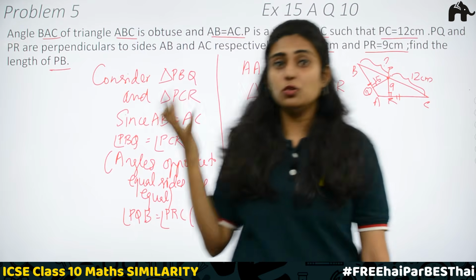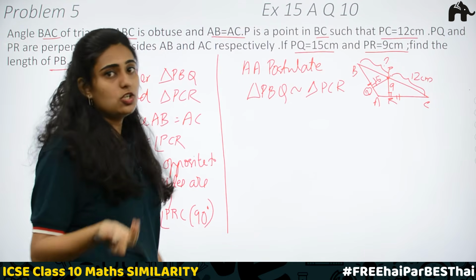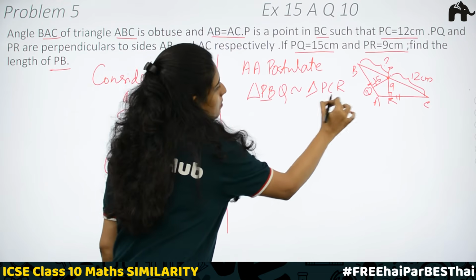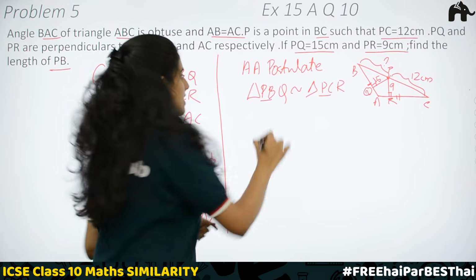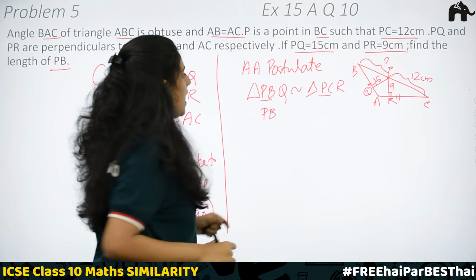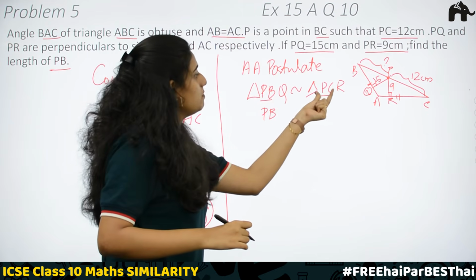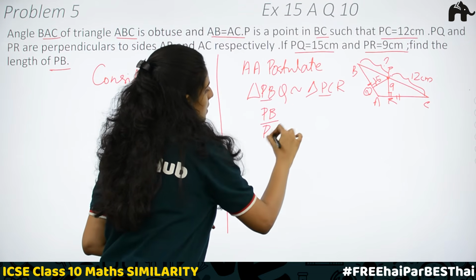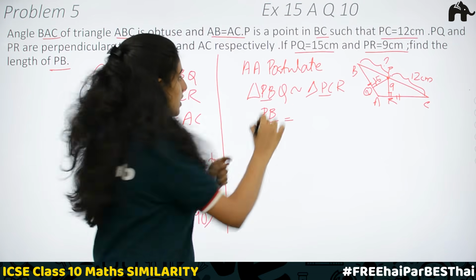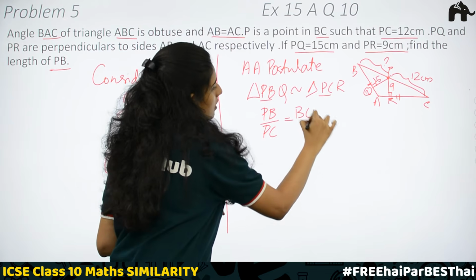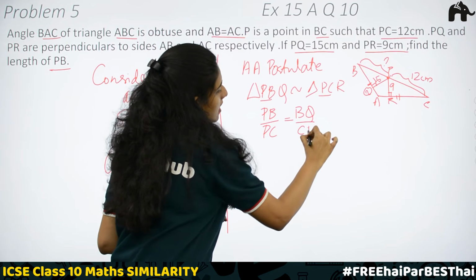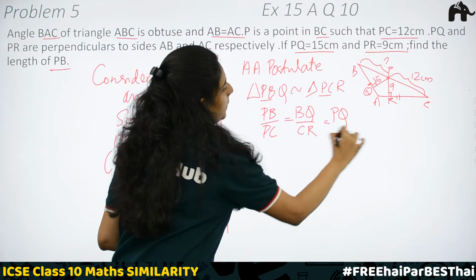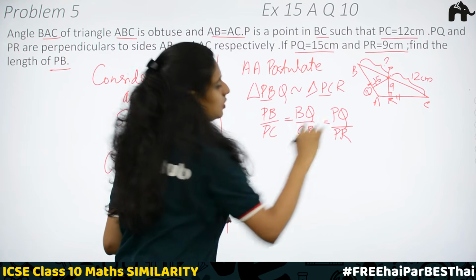When two triangles are similar, the ratio of their corresponding sides are equal. That is PB and PC are the corresponding sides, PB from triangle PBQ and PC from triangle PCR. PB by PC equals BQ by CR equals PQ by PR.